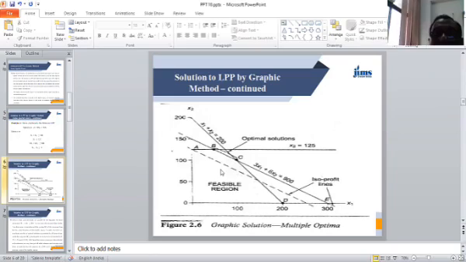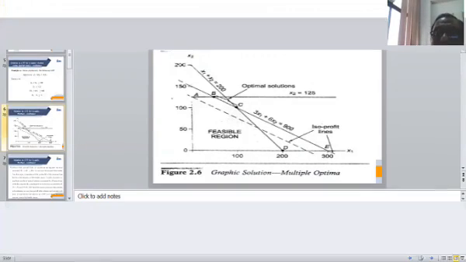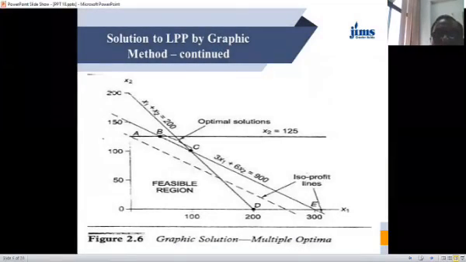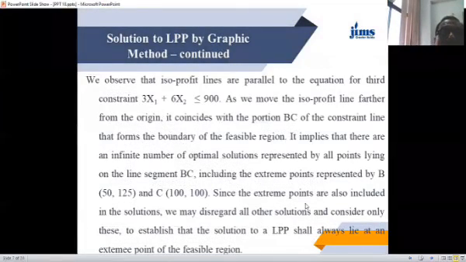So when we find out the coordinates of all these points, you will find that points B and C both have the coordinates. Point B has coordinate of 50 and 125, and point C has coordinate of 100 and 100.